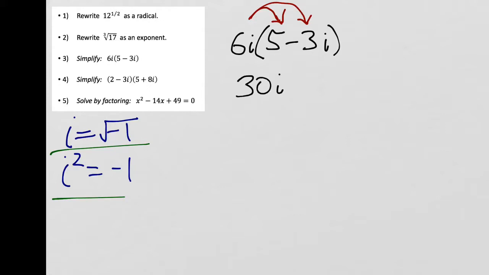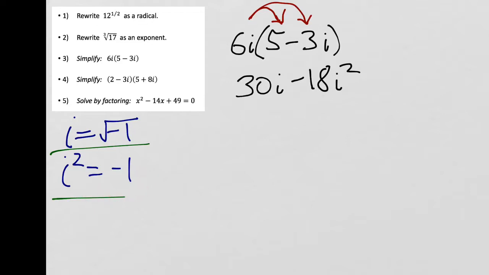And then 6i times -3i is -18i squared. So minus 18i squared. But of course, we know that i squared is equal to -1. Okay, i squared equals -1.